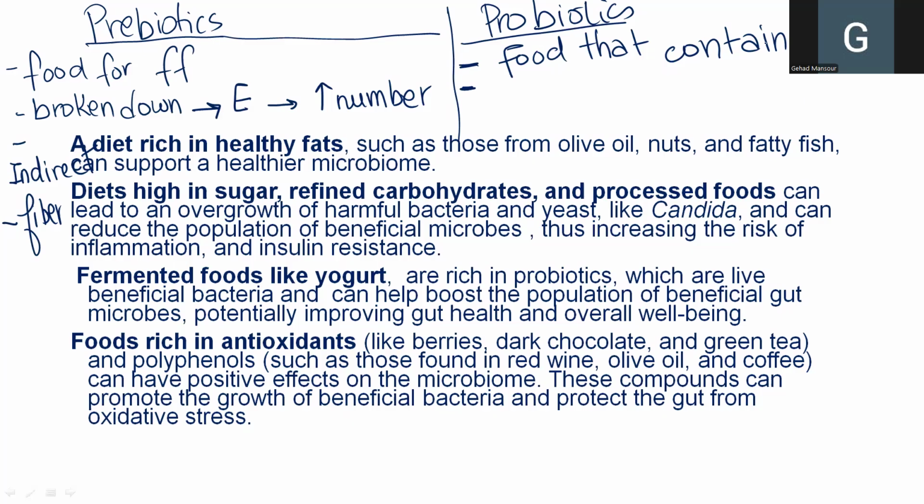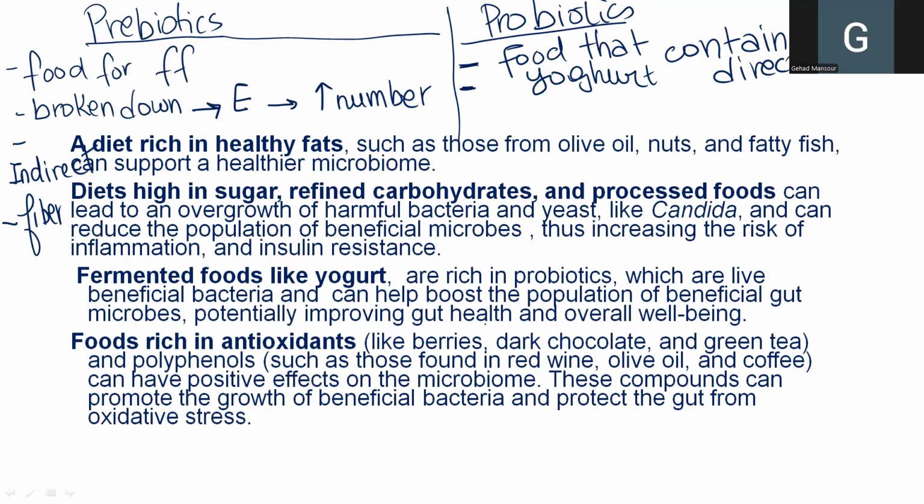So they are not metabolized to give energy. They already contain friendly flora, and the best example is yogurt, and it is a direct addition of friendly flora to your body. The last healthy item here is the colored food.